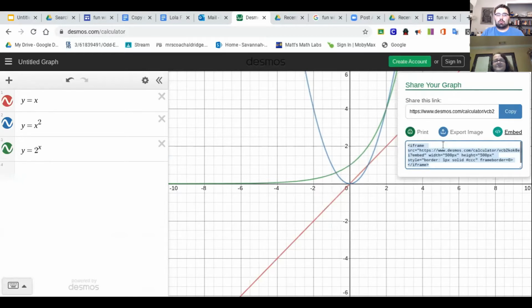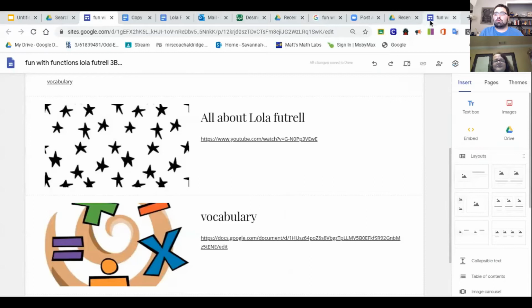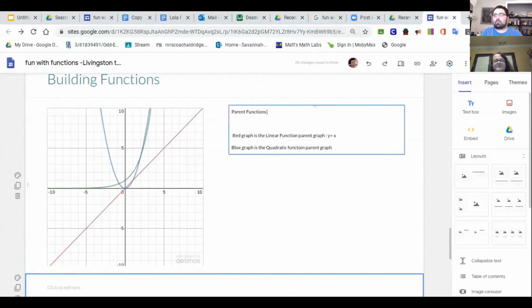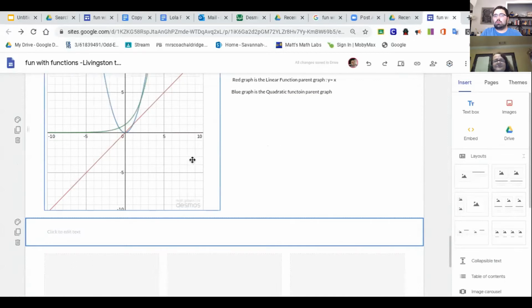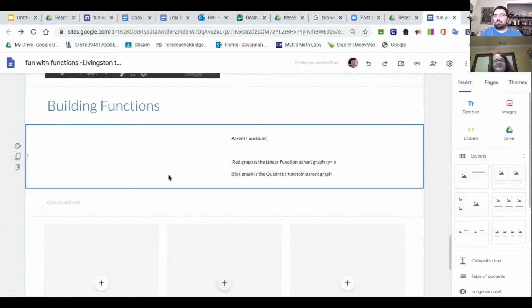All you have to do is copy the code, and then you go back to your website. Let's say I take this out now, but I want to embed it here.